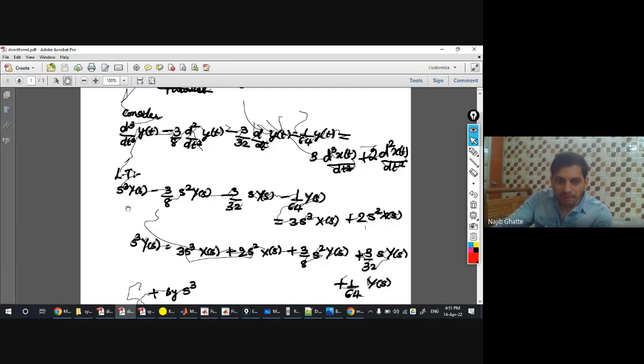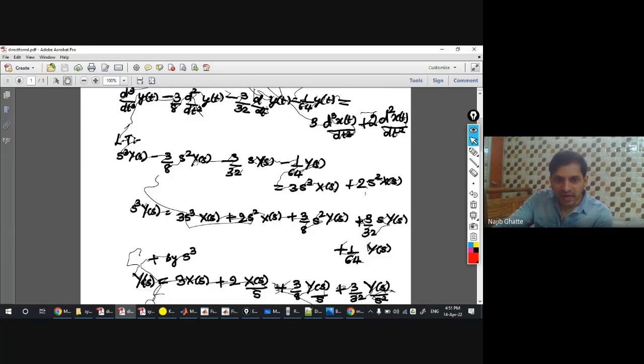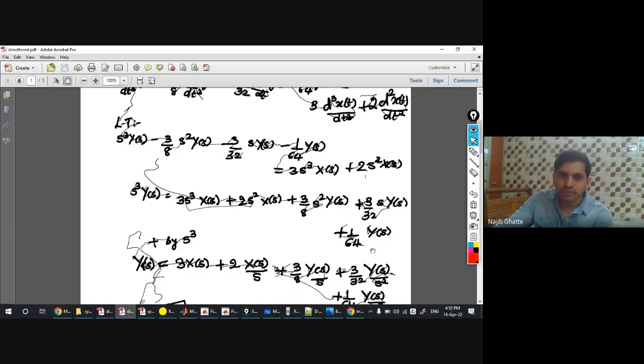Now I'll keep s cube y of s on the left side, and all remaining terms will be transferred to the right hand side, and eventually I will get 3 s cube x of s plus 2 s square x of s plus 3 by 8 s square y of s plus 3 by 32 s y of s plus 1 upon 64 y of s.